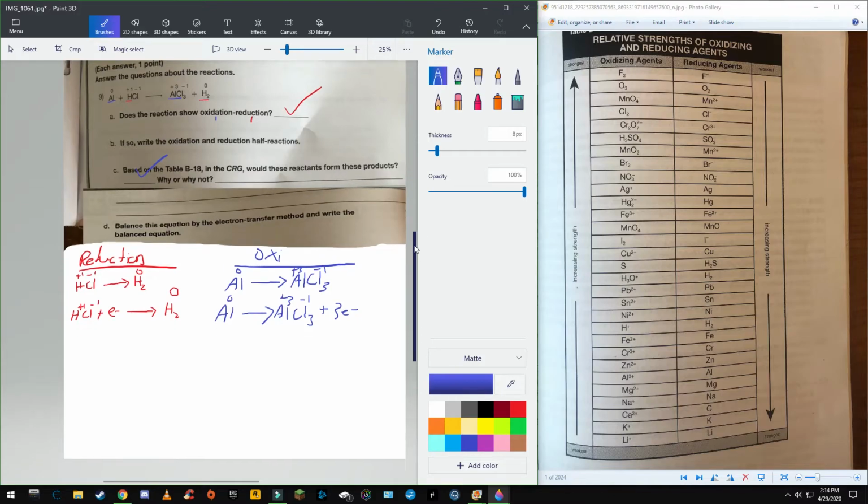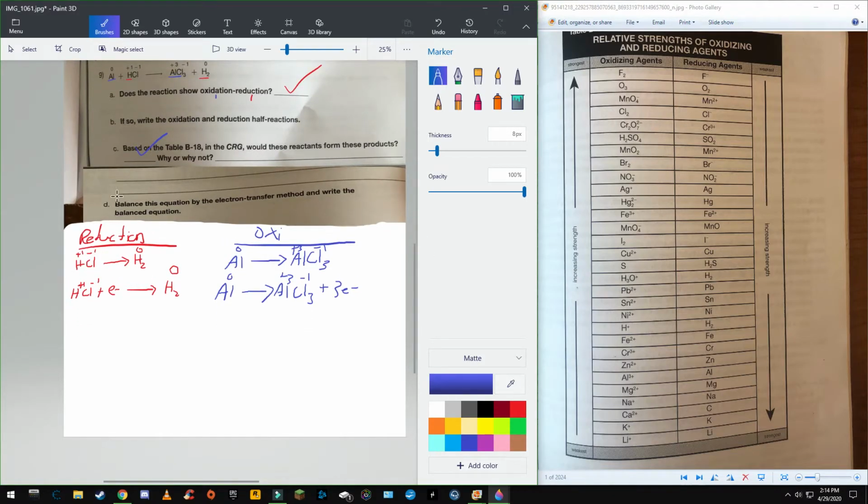So that's that. Now, this is the part that gets a little different. This balancing equation thing here. I have asked my friend who's a chemistry major up at OU. I even sent an email to a professor of mine, and I asked him, what is the electron transfer method? They could not really tell me.